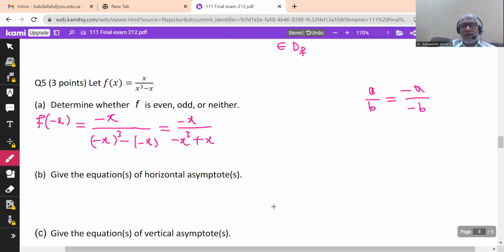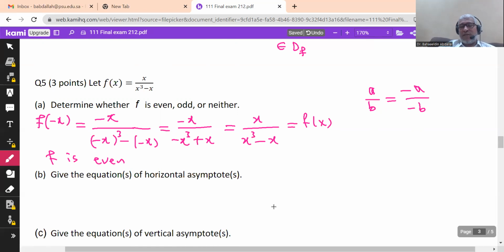So here, if you multiply the numerator by negative, you will have x. If you multiply the denominator by negative, you will have x cubed minus x. So this is in fact f of x. So the function in fact is even.